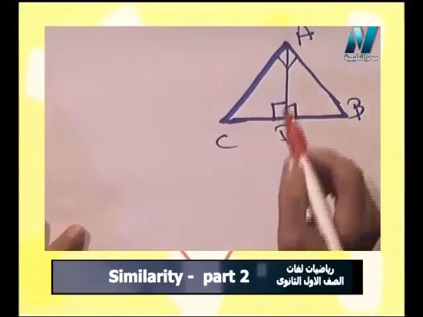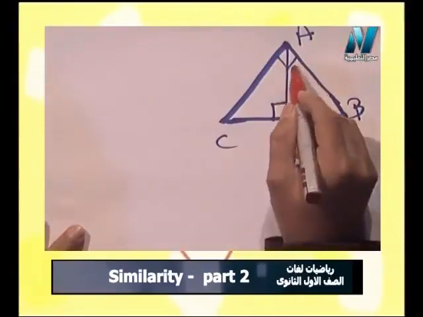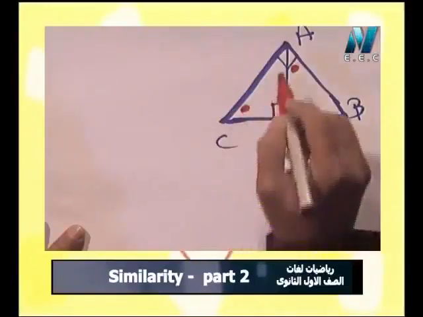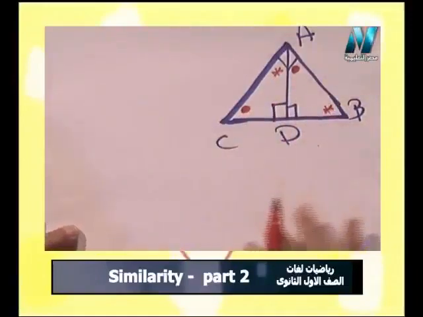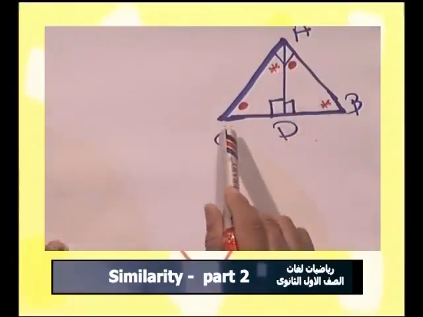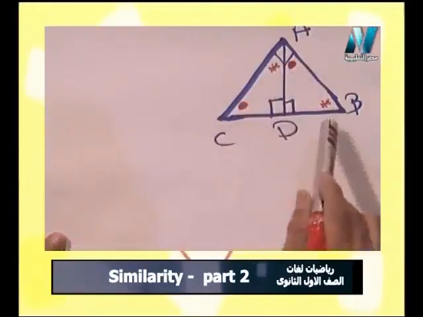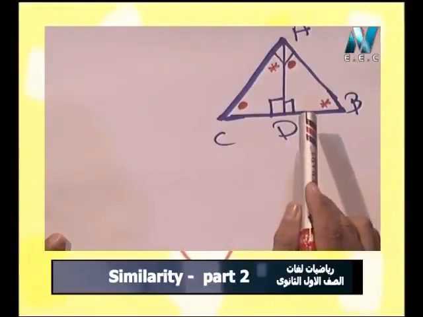Because this is the right angle, we have this angle equals this one, and this angle also equals this one. So we have measure angle BAD equal measure angle C, and measure angle DAC equal measure angle B. So the two small triangles here are similar.